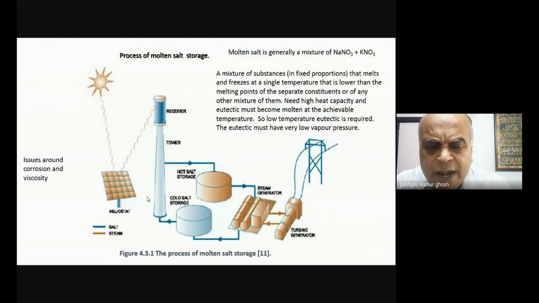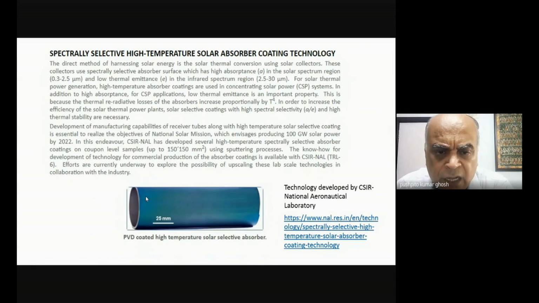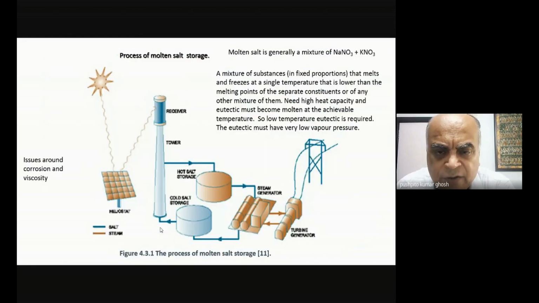Now, during the daytime, there's no problem. For example, as we said, we can pass thermic oil through it and get temperatures of 400 degrees, or higher, 800 degrees, and you can run your turbine and generate power.